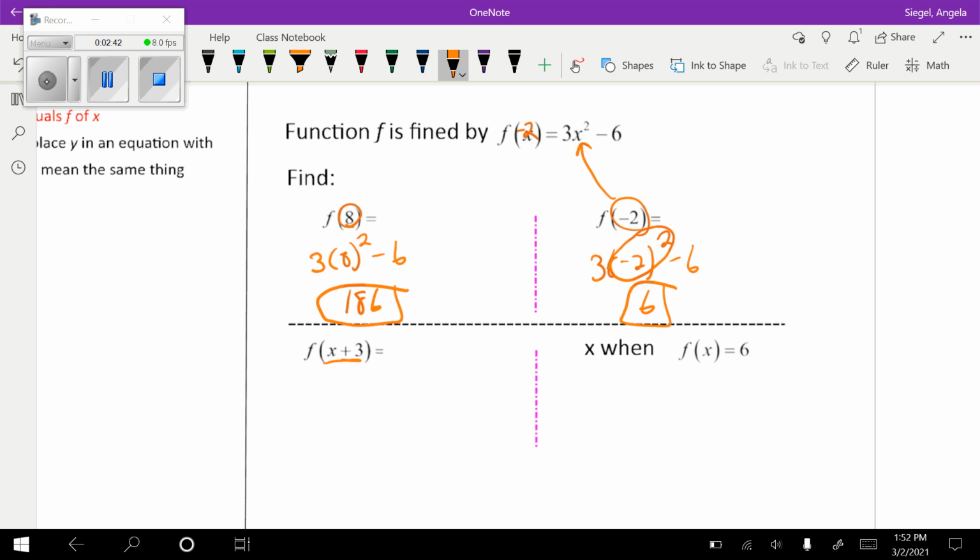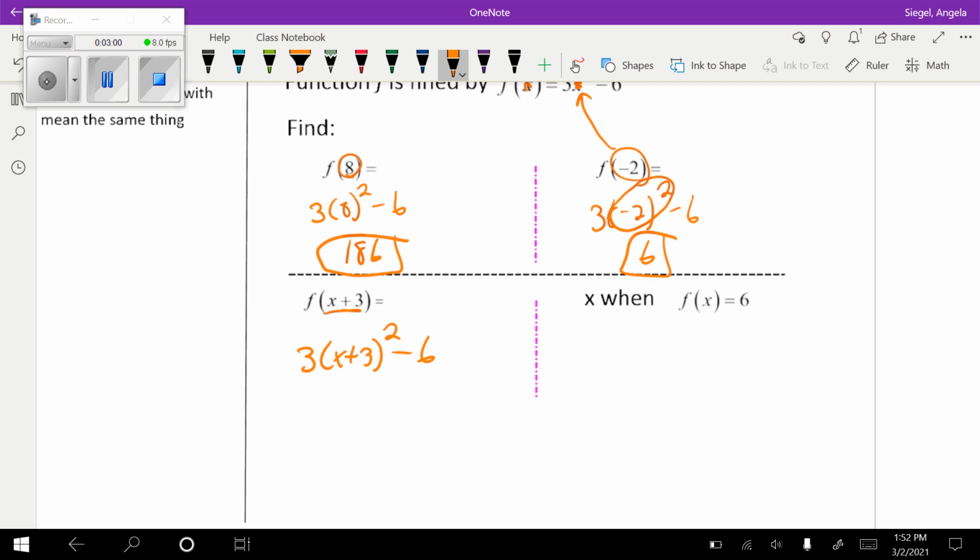Notice this one, this is kind of weird. I'm going to plug this x plus 3 in here. Anytime I see an x, instead of saying x, I'm going to say x plus 3. So it's going to look like this: x plus 3, and notice it was squared, minus 6. This is a little bit tricky. Let's follow order of operations. We're going to do this first. When we square x plus 3, that's x plus 3 times x plus 3, and we get x squared plus 6x plus 9.